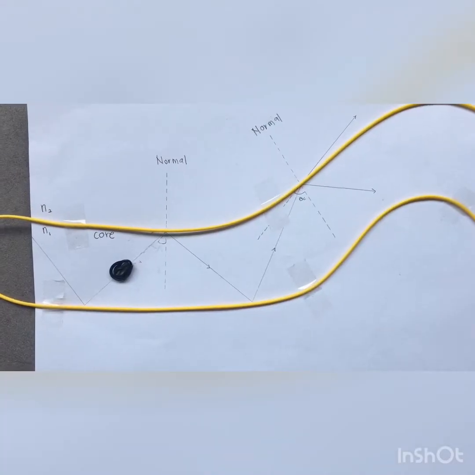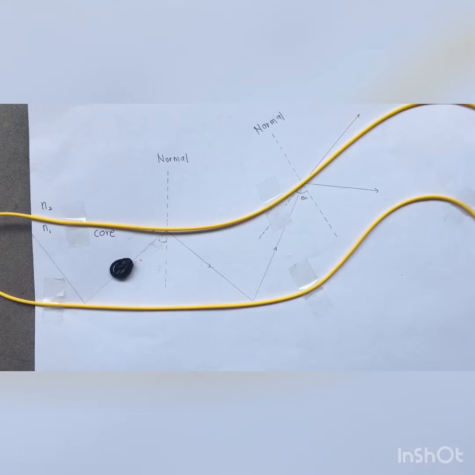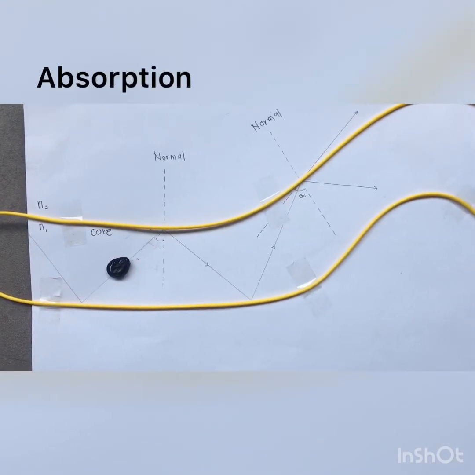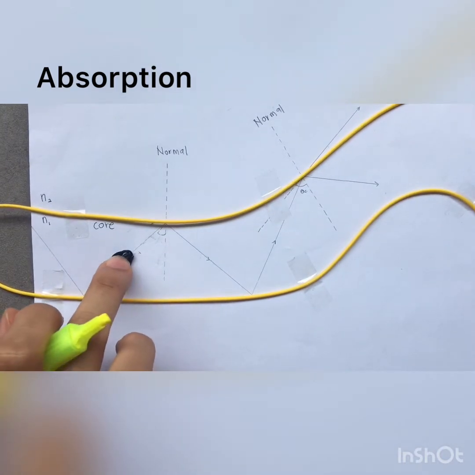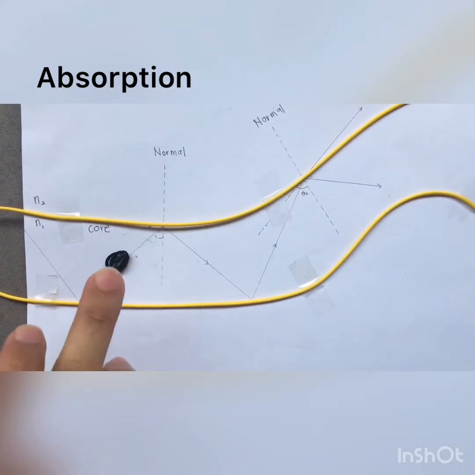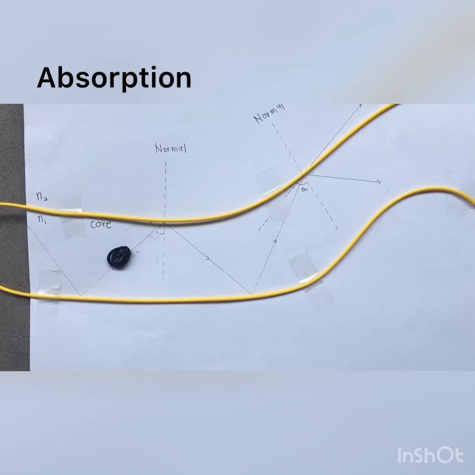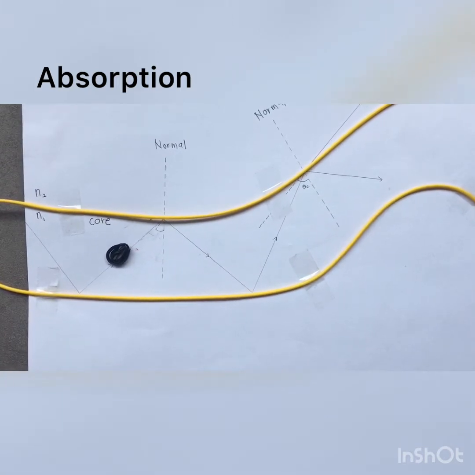The next type of losses in fiber optic is absorption. Okay, what is absorption? Imagine there are defects or impurities once again along the fiber, along the light rays.